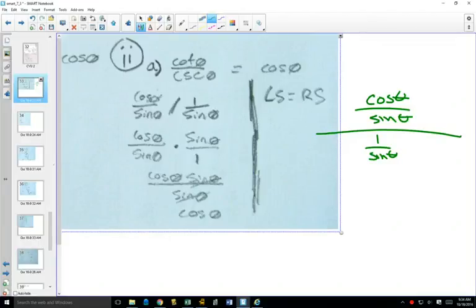Especially if you have more than one thing on the bottom, sometimes you lose part of your fraction when you're writing that way, but in this case it's fine. Another thing you're going to want to start to do is leave a little bit more space in between things, just so that you clearly see where one step goes to the next one. Other than that, this proof is perfect.